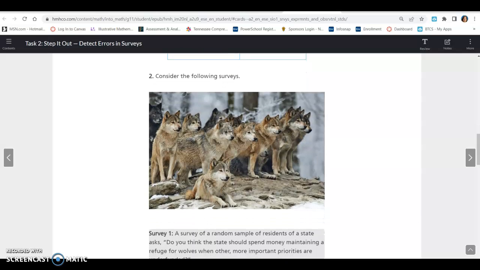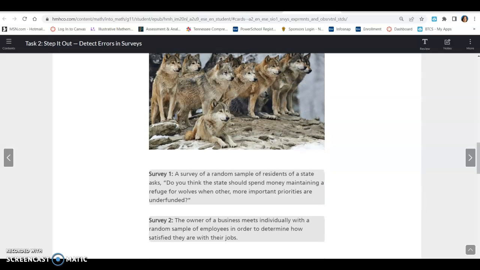All right, consider the following survey. So we have a wolf pack. It says, Survey 1, a survey of a random sample of residents of a state asked, do you think the state should spend more money maintaining a refuge of wolves when other more important priorities are underfunded? All right, so the first thing I see in this is, if they want to be unbiased, ask the question without bringing anything else into it.